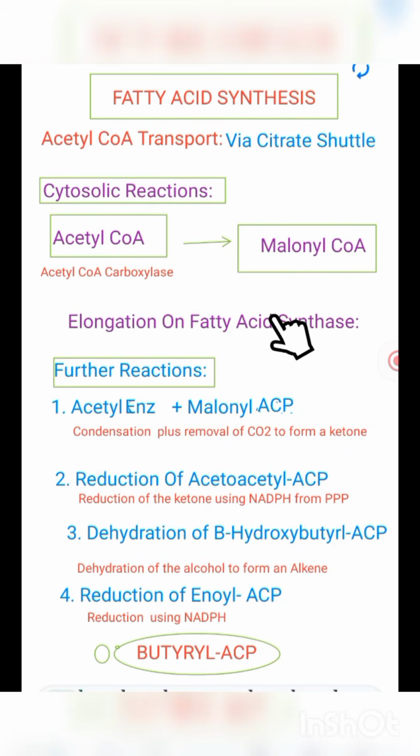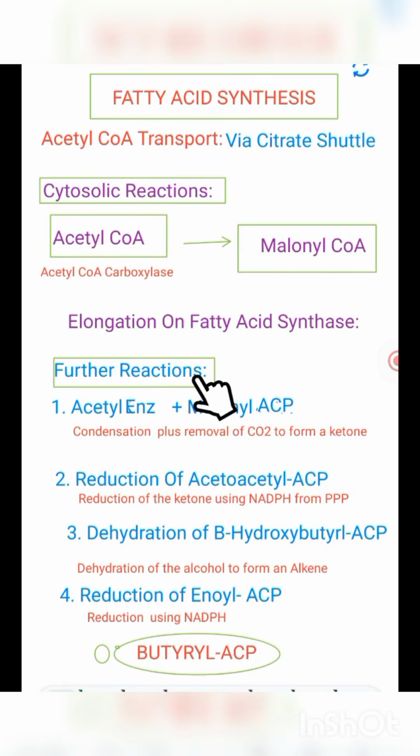So that malonyl-CoA can now be used to bring 2 carbon atoms at a time and add to the already existing primer of acetyl-CoA in order to elongate the chain up to the time when we get our 16 carbon atoms. That's when the elongation process will be halted.